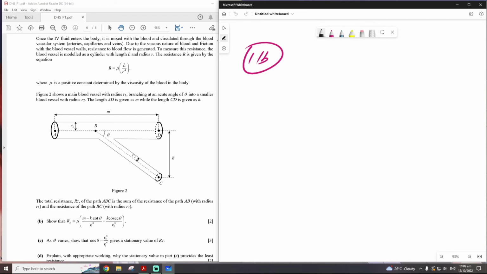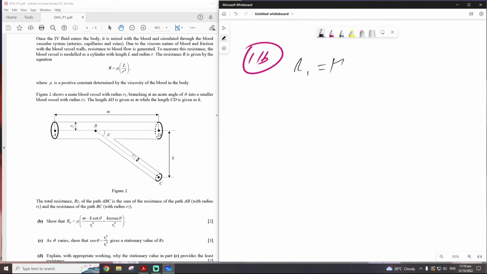Let R1 be the resistance of this one, the AD cylinder. So for R1, we apply the formula given to us. It will be mu, and the viscosity of the blood will be the same for both blood vessels. That's the assumption.